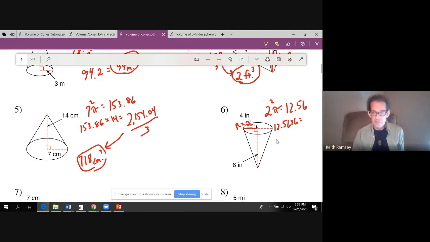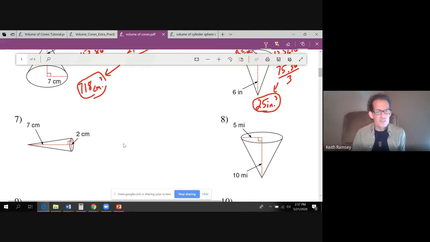This can equal 75.36. Step 3 is divide that by 3. And your volume should be 25.12. Let's just round that to 25 cubic inches for number 6.